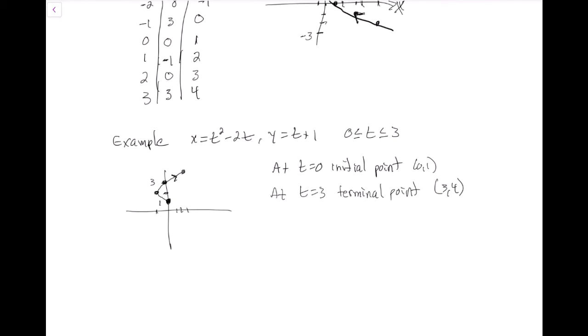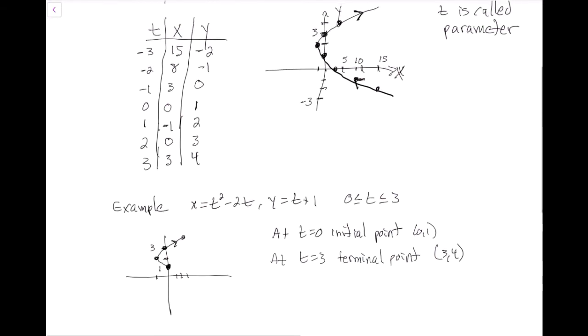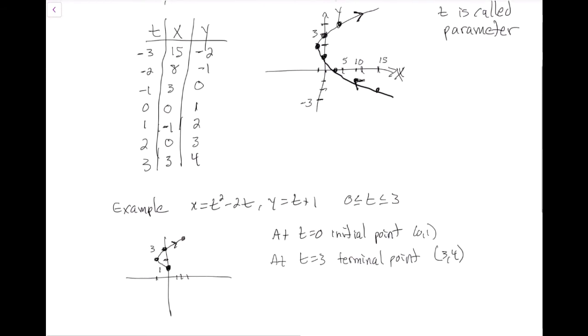Now, another really fun example that we will typically see in a calculus textbook is circles and ellipses. One of the advantages of parametric equations, if we look at these two graphs, is that here's a graph that is not a function of x.